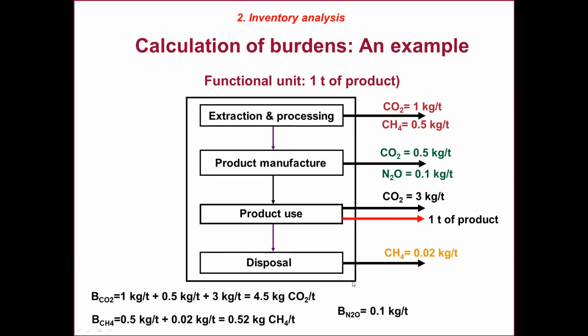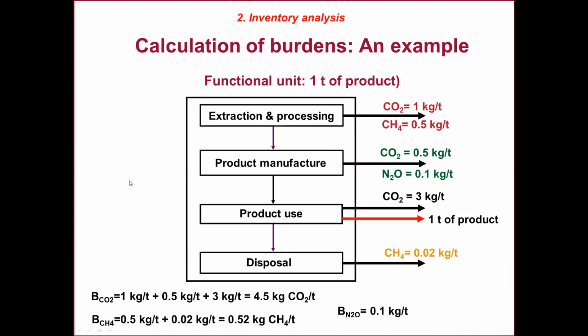And once we have this, we call it the burden of carbon dioxide, where B is for burden. So the burden will be collected on this functional unit basis and added up. We can add all carbon dioxide flows together, all methanes, and similarly nitrous oxide.